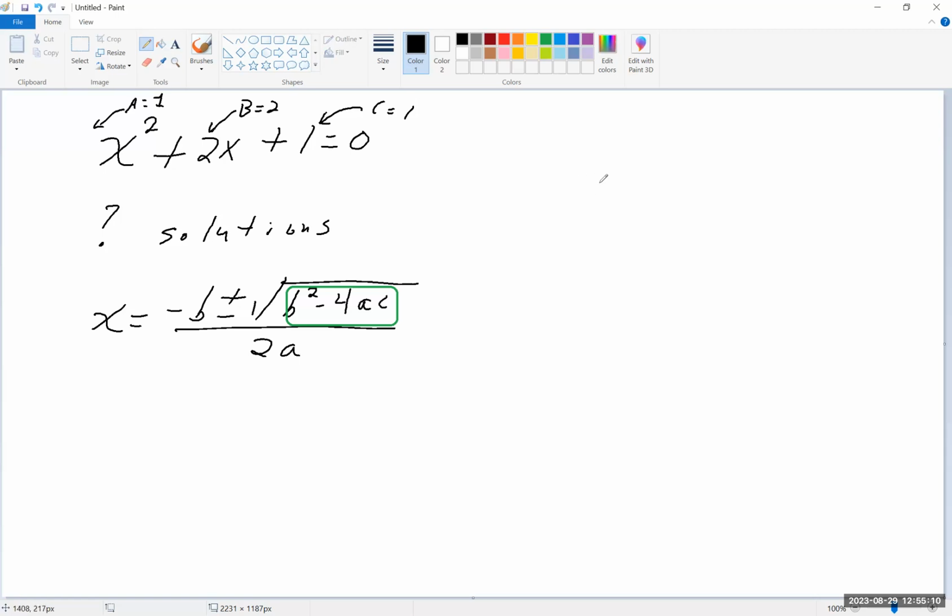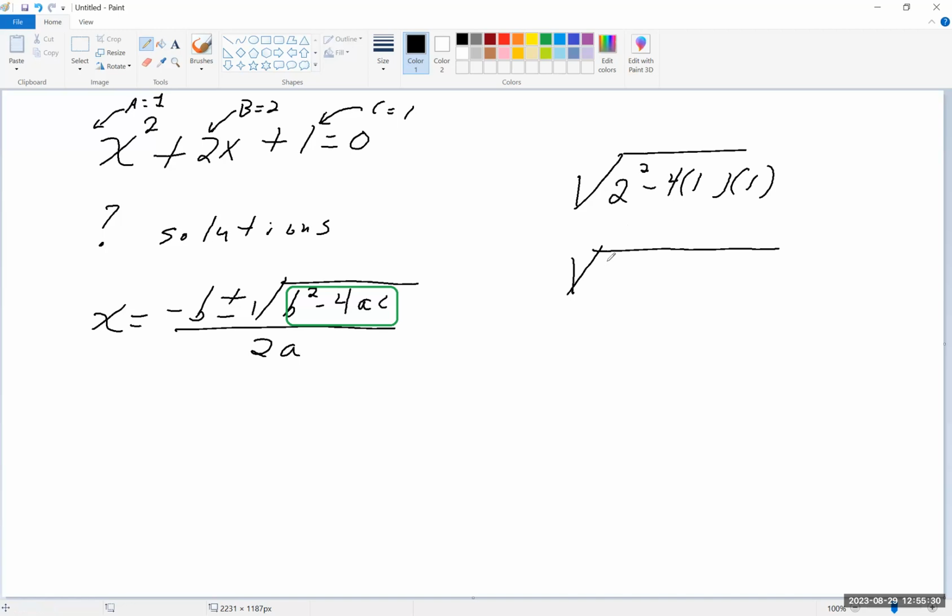And so for the discriminant, we will compute B squared minus 4AC. That's all we need.